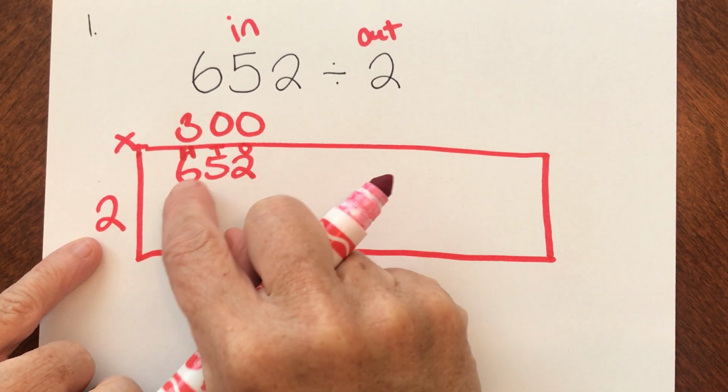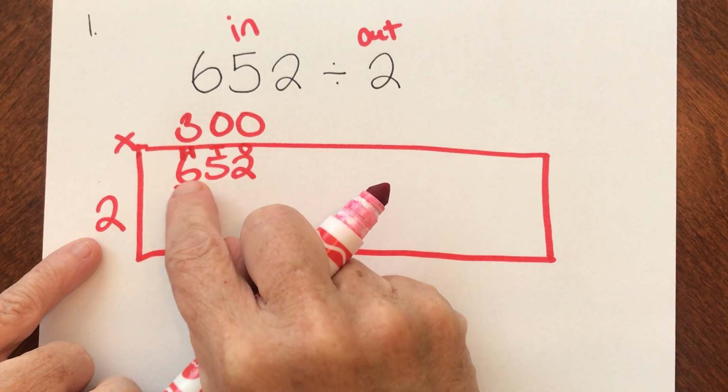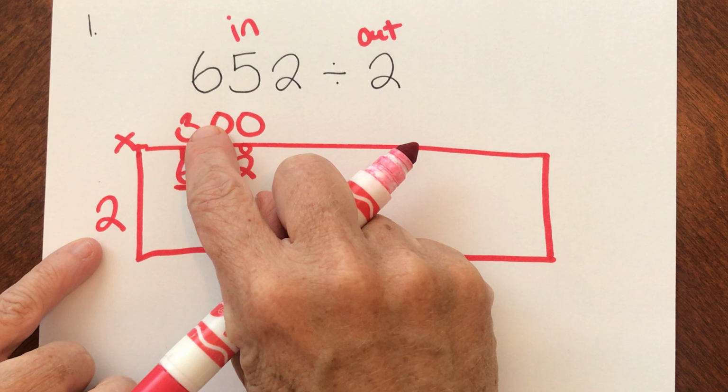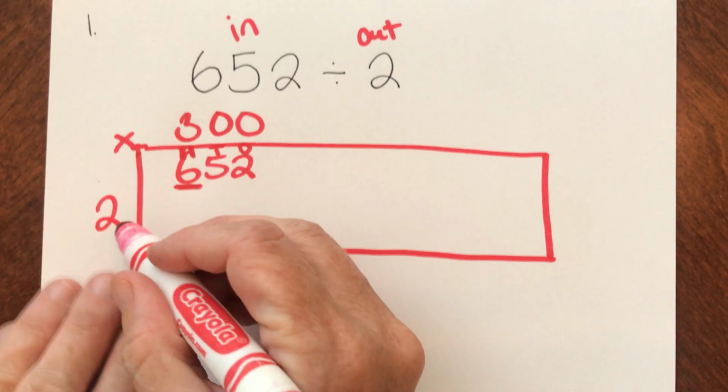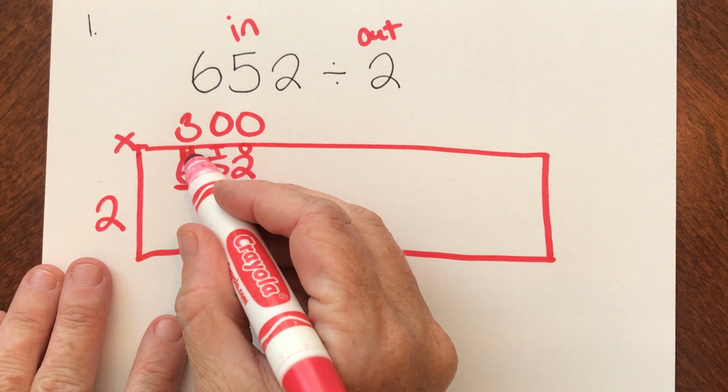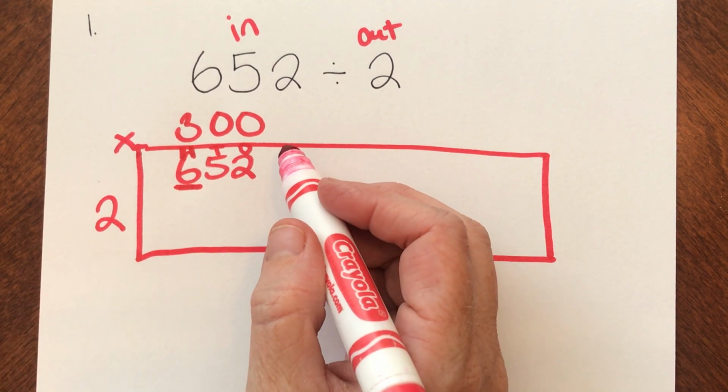So 2 can fit into 6 3 times, but the 6 is really 600, so it's really 300. Let me say that again. 2 can fit into 6 3 times, but since it's the hundreds column, it's going to be 300.